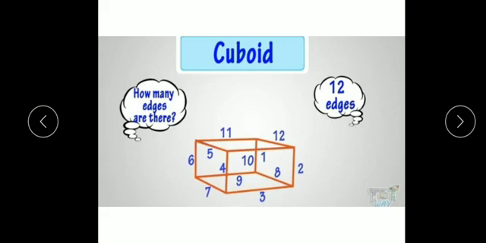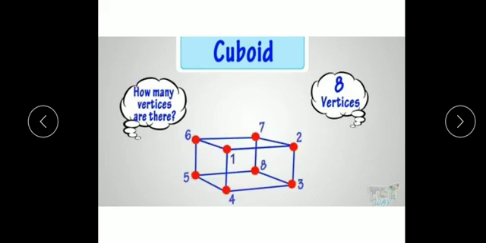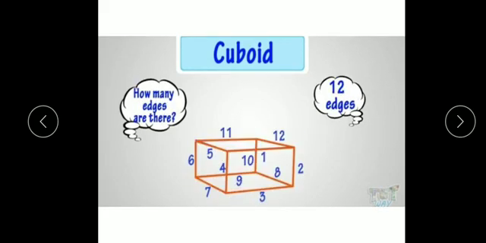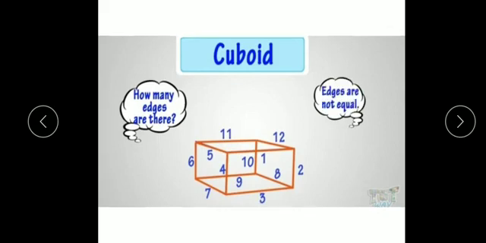Again there are 12 edges. Let's count. 1, 2, 3, 4, 5, 6, 7, 8, 9, 10, 11, 12. It means there are 12 edges in a cuboid. There are 8 vertices and 12 edges in a cuboid.